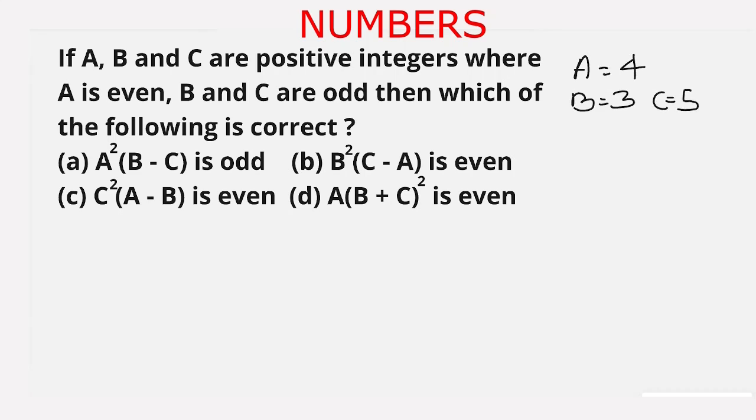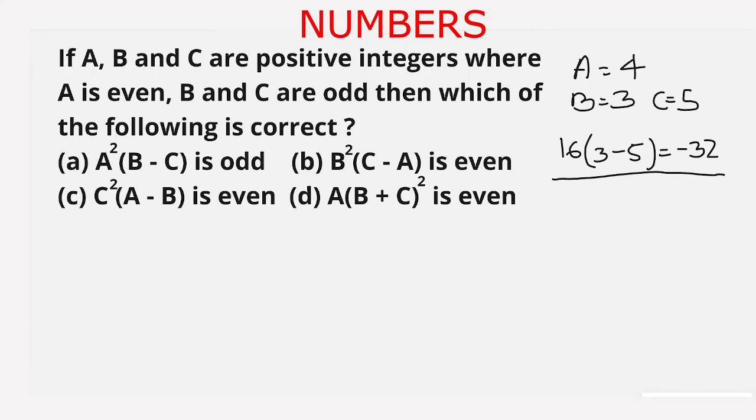Now our first option is A square into B minus C. So A square is 16 and B minus C is 3 minus 5, which is minus 2, so the result is minus 32. So this is even. Hence our option A is incorrect.